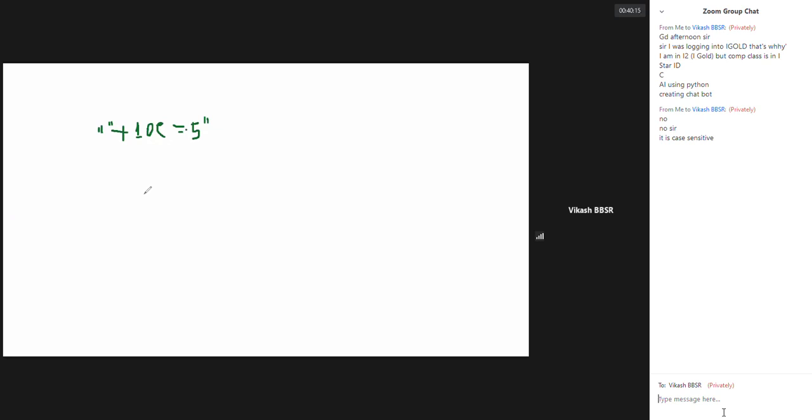Double quote I have put two times. Is it a valid identifier? So double quote is there, so it will not allow.